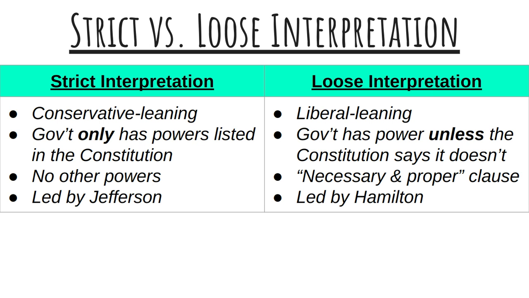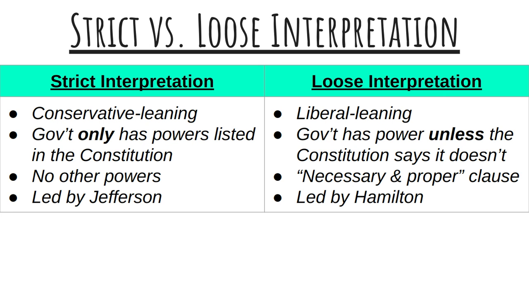Justices can have two mindsets and two approaches towards how they view the Constitution, which determines how they make their court case decisions. One of them is called strict interpretation. Judges in the Supreme Court, or judges anywhere, are not known as being a Democrat or a Republican. Instead, they're known as being conservative and liberal, which is pretty much the same thing.